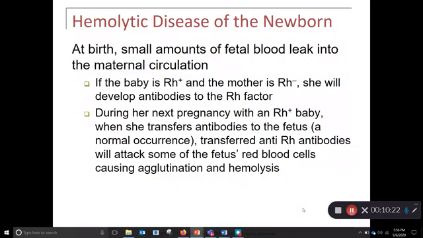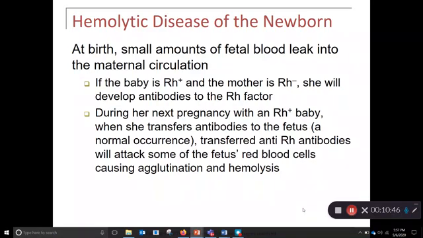Now, if you are going into prenatal care or you're having something to do with birthing, if you are going to be a mama with negative blood type and you have a papa or a spouse with a positive blood type, you do have to now worry about hemolytic disease of the newborn.